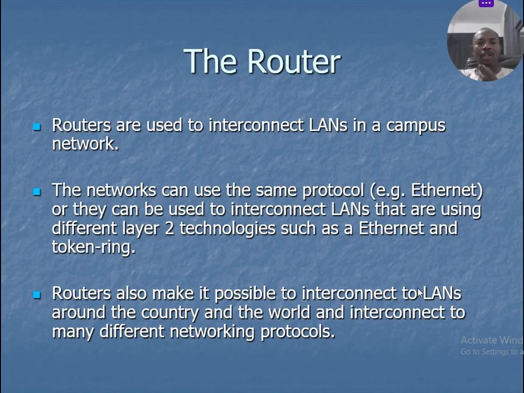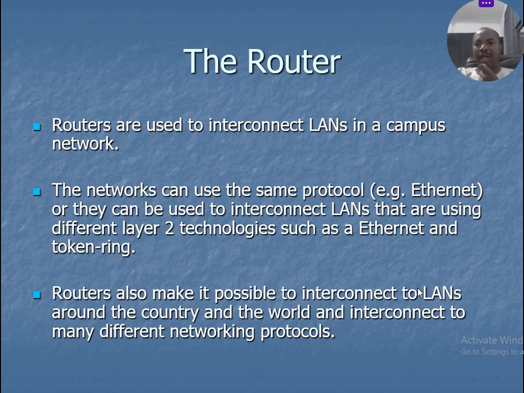However, a router is also adapted to be suitable for protocols that are not the same, different protocols. So we can have two technologies used simultaneously in the campus. We can have the Ethernet protocol used as a technology, and we can also have token ring used as a technology at the same time.